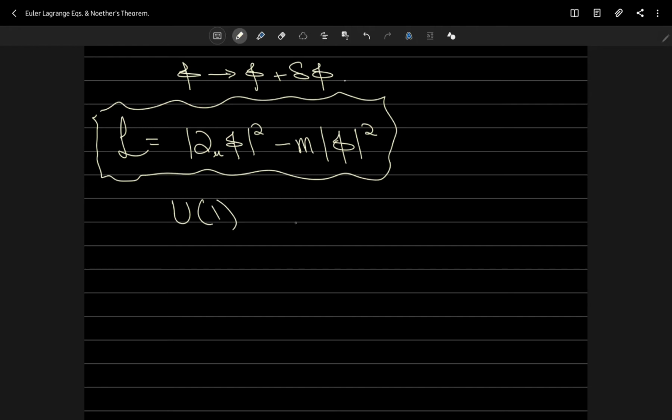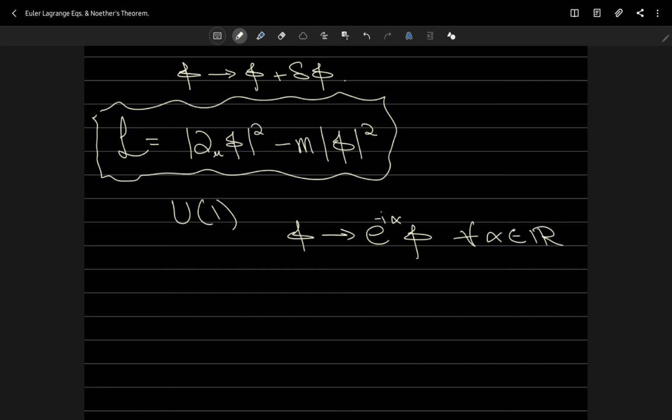And what is that? Well, that is simply if I were to take my phi and transform it as exponential negative i alpha times phi, where alpha belongs to the reals, so for all alpha that belongs to the reals.